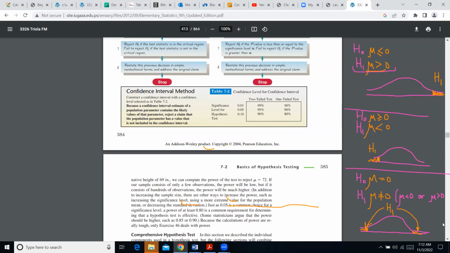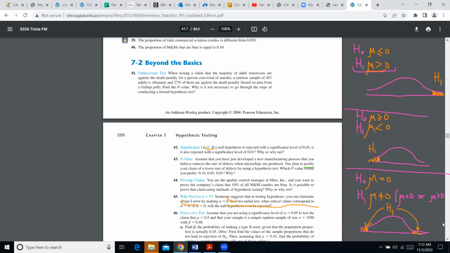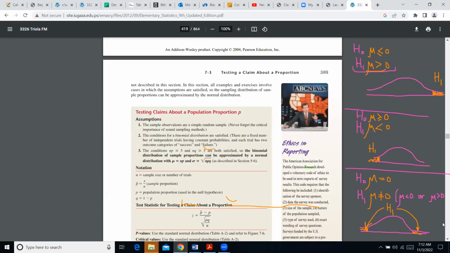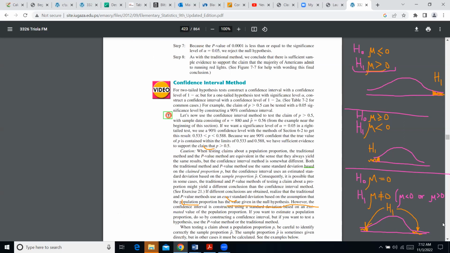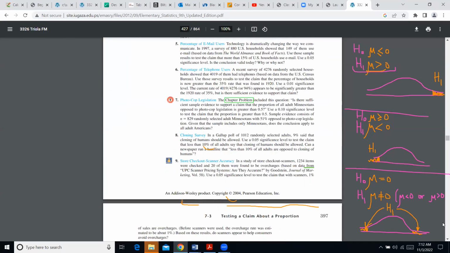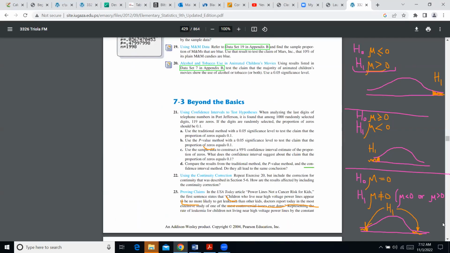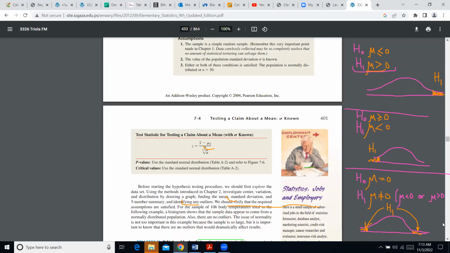This way you will start to see the whole process, how it goes, and what the result of the calculations will be, whether we're going to support some type of claim or not.